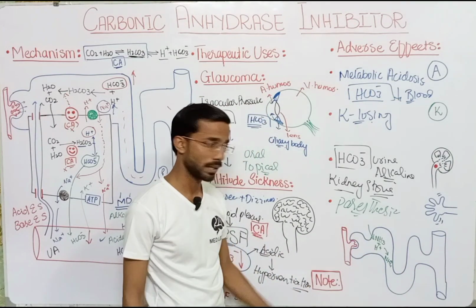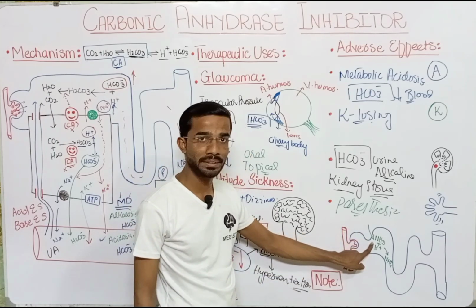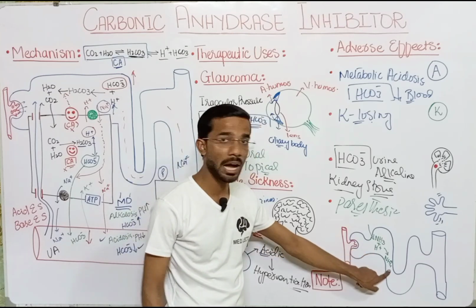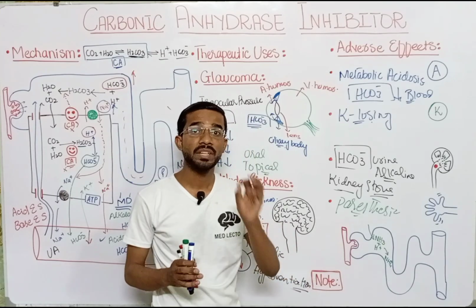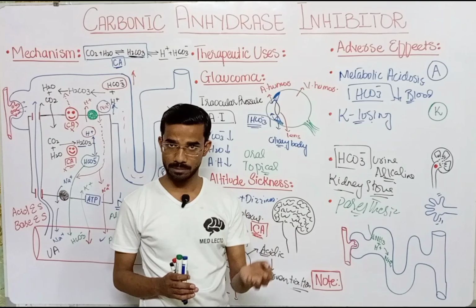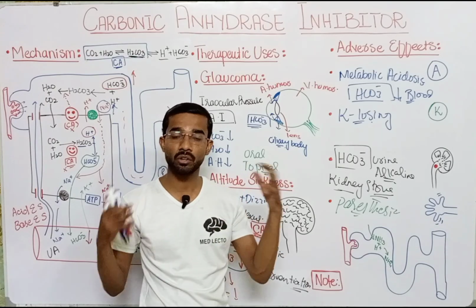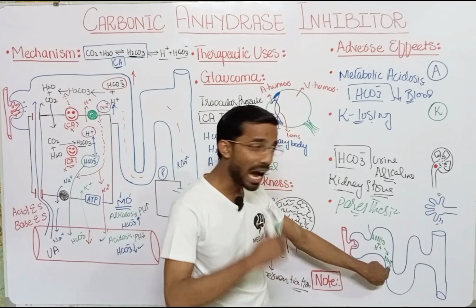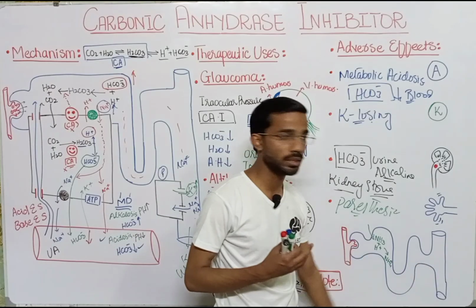I repeat, in the normal situation, ammonia moves into the tubule, combines with H positive and forms the ammonium ion. It is trapped because a neutral molecule can easily cross the plasma membrane, but ions have difficulty crossing it. So the ion charge will be retained in the tubule and lost in the urine.